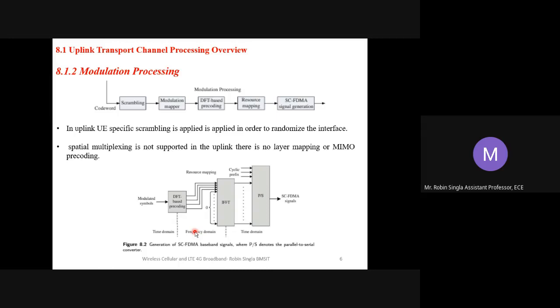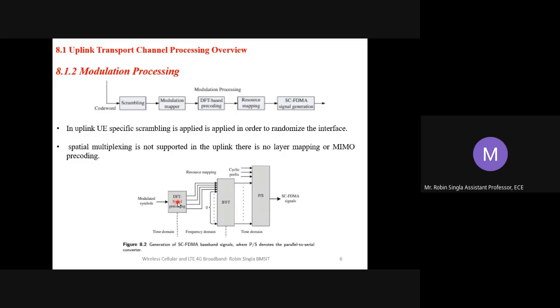In LTE, DFT size is constrained to the products of integers 2, 3, and 4, which is a trade-off between complexity of implementation and the flexibility in the assigned bandwidth. The DFT size also depends on the number of resource blocks assigned to each user. The size of DFT is restricted to multiples of 2, 3, and 4, just to keep the simplicity of the whole structure.